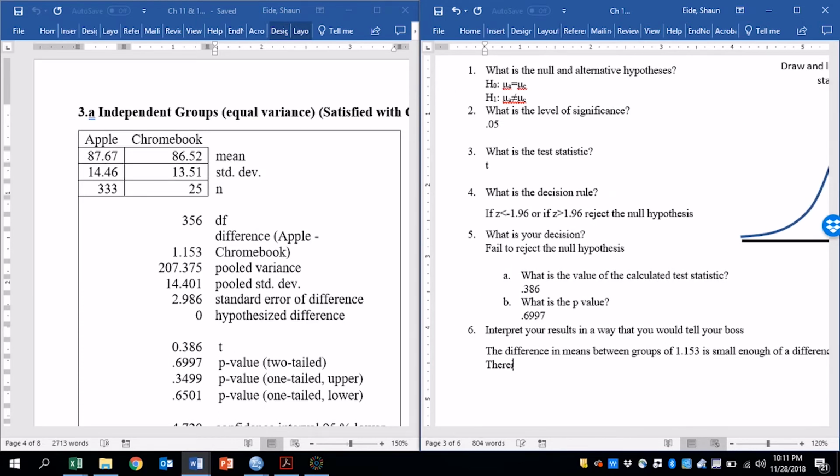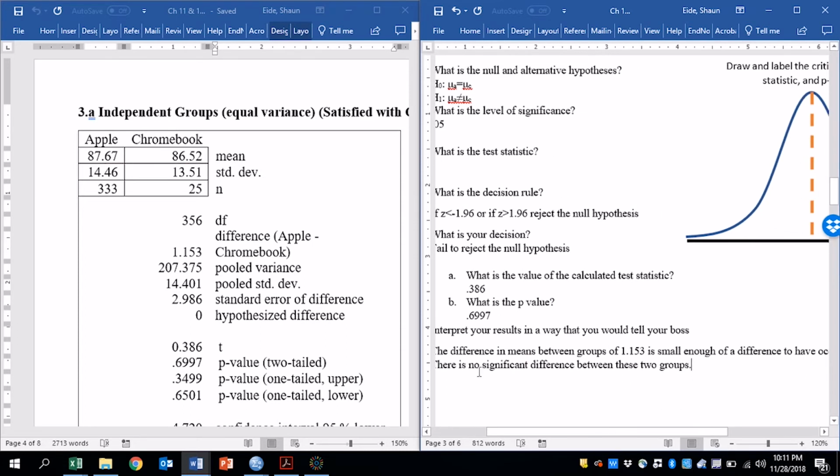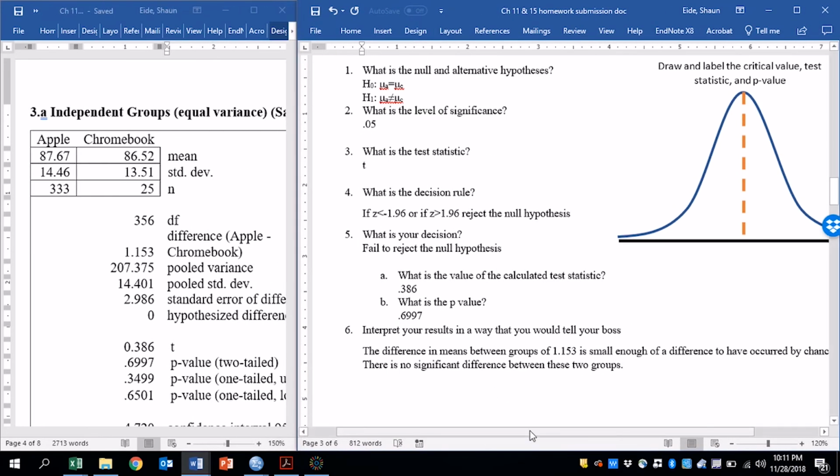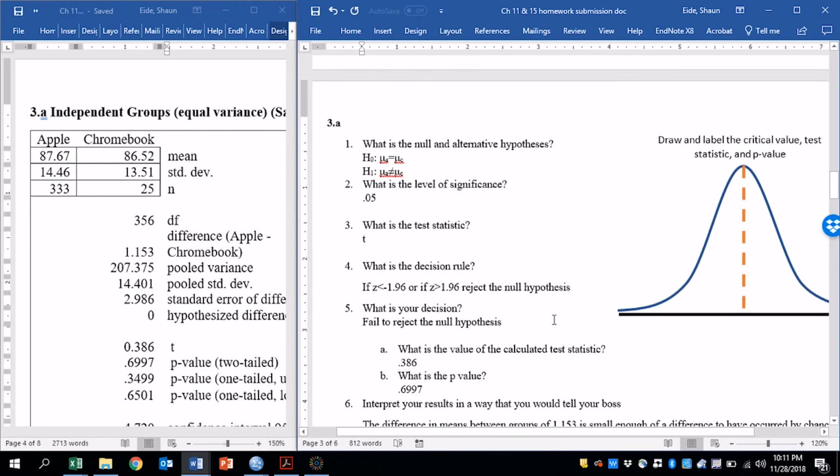There is no significant difference between these two groups. So that is how I would interpret the results, saying there's really no difference. So that is 3A.